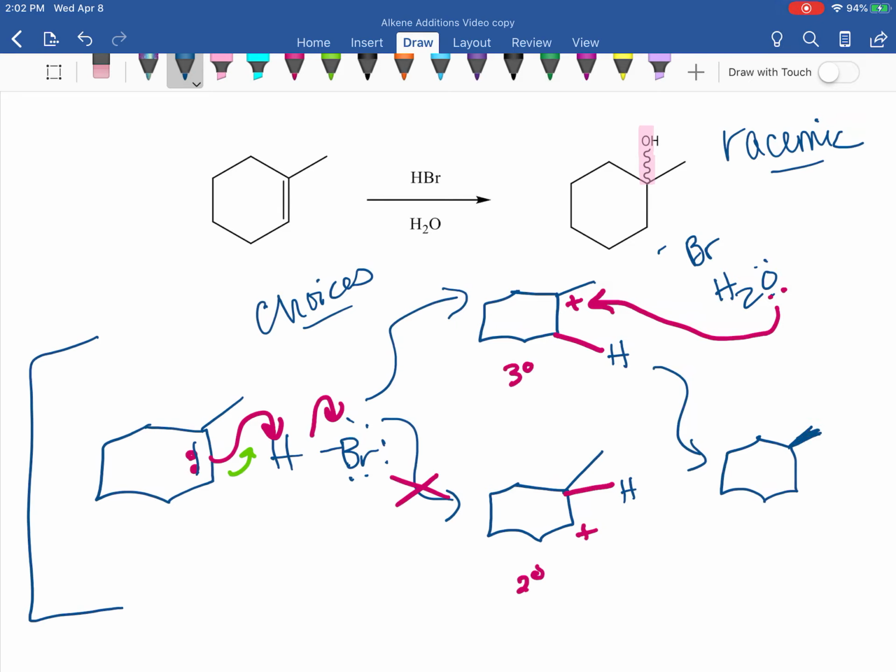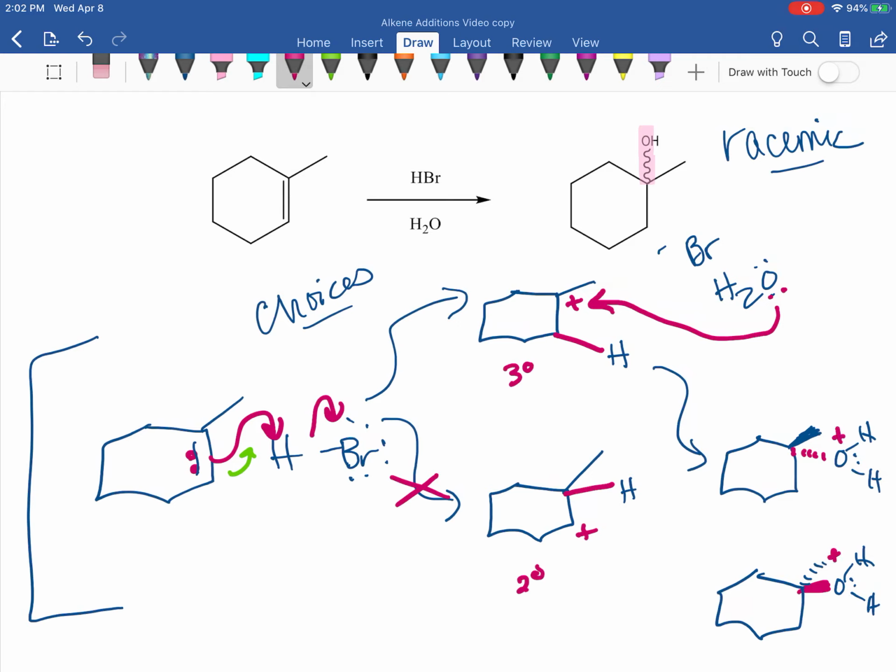So that means that your water can add in top or bottom. Let's draw both. We are going to add in 50-50 for both of those. That means that will be a racemic mixture, completely racemic. That's our little squiggle line in our product.